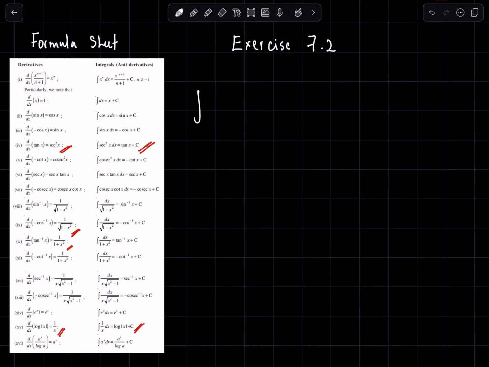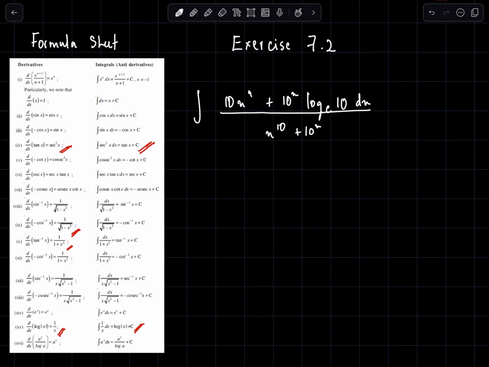Integral of 10x to the power 9 plus 10 to the power x, if I'm not mistaken, log base e 10 dx divided by x raised to the power 10 plus 10 raised to the power x.